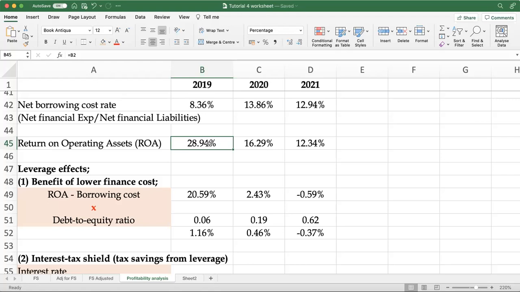The meaning is the company borrowed money at a lower rate and generates higher ROA.